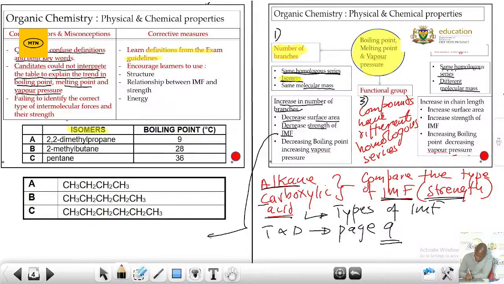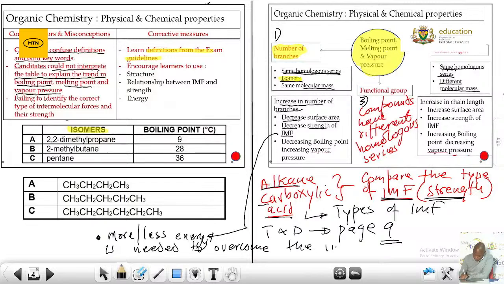Therefore, this is the bullet that I want to add. Last bullet is always more or less energy is needed to overcome the intermolecular forces of compound that we are referring to.